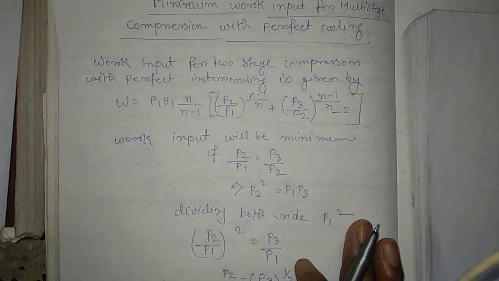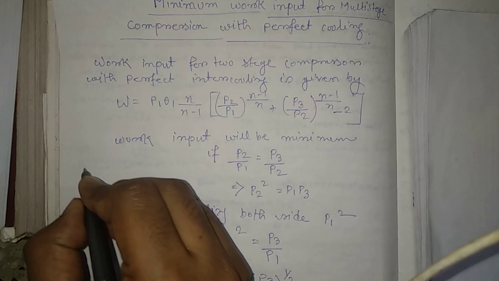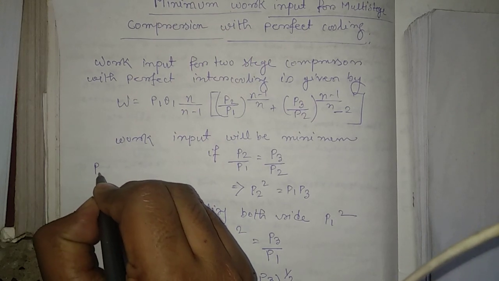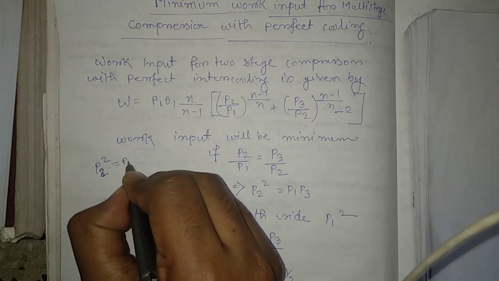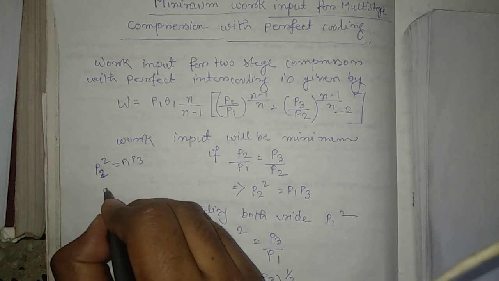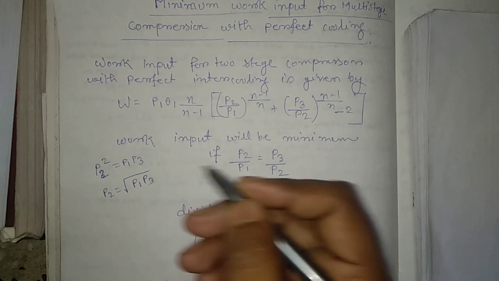To get the maximum efficiency for a two-stage or multi-stage compression process, the condition is that P2 square is equal to P1 P3, so P2 will be the geometric mean of initial pressure and final delivery pressure.